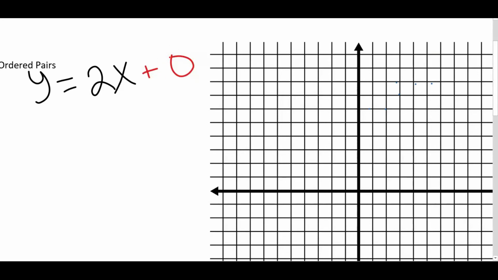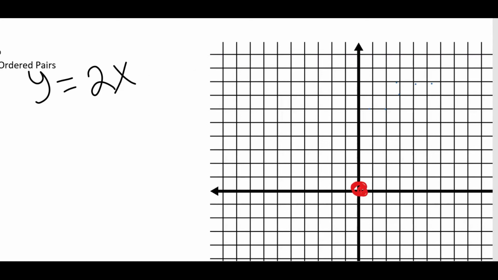The y-intercept is 0, so that's telling me that I'm going to start at the origin. So if you just see something like this, y equals 2x, understand that there's no y-intercept, that y-intercept is actually 0. Okay, now they're not going to put the 0 there. It's just going to look like y equals 2x.